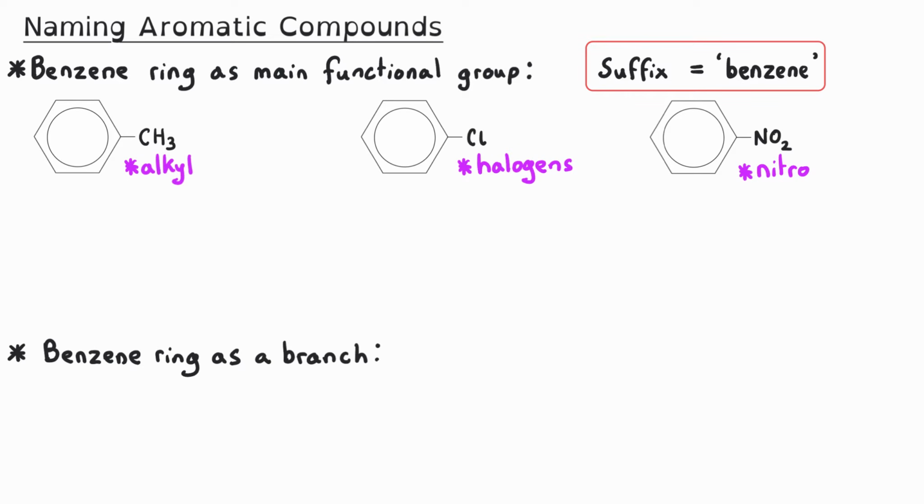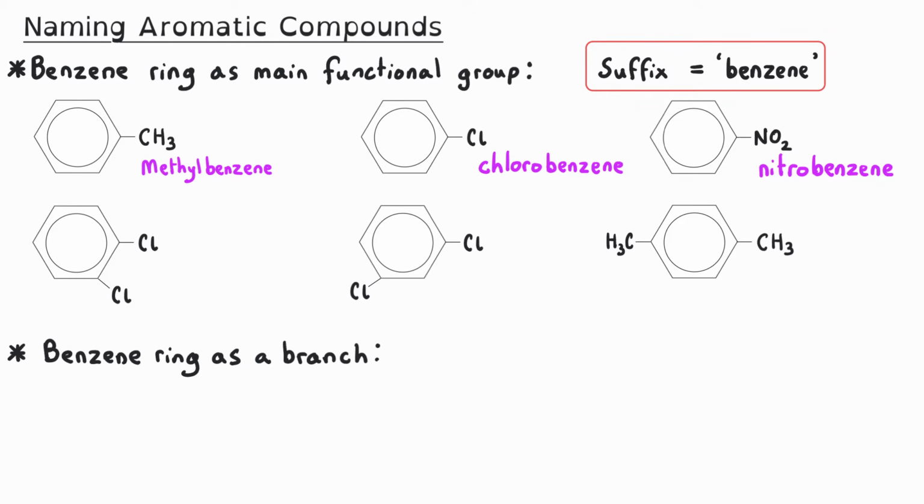For instance, if we have a methyl group attached to the benzene ring, this would be named methylbenzene. A chlorine atom attached to the benzene ring would produce a molecule called chlorobenzene, and a nitro group attached to the benzene ring would give us nitrobenzene.